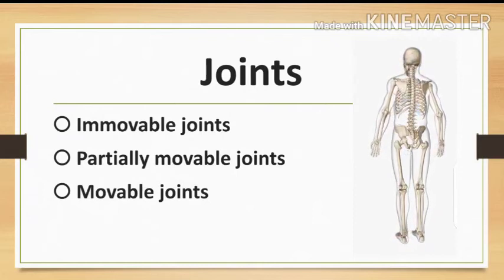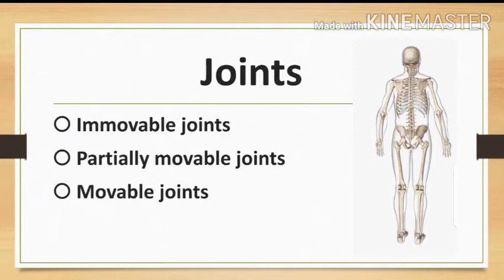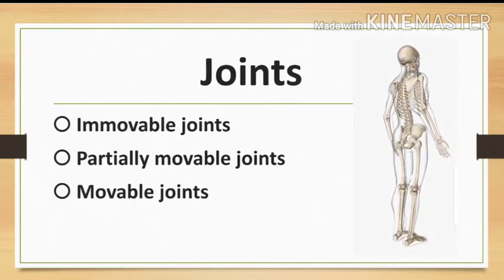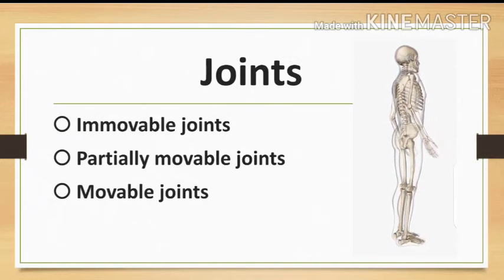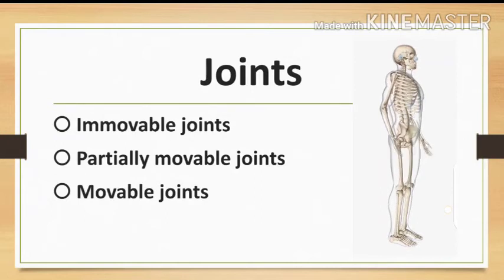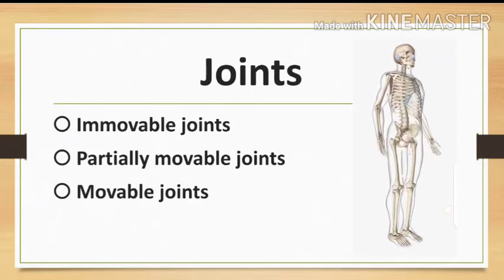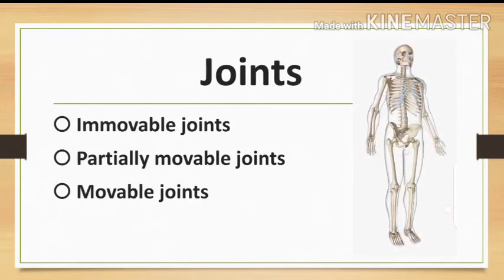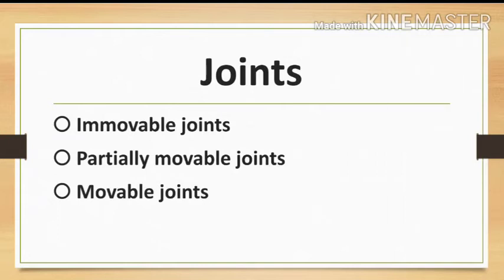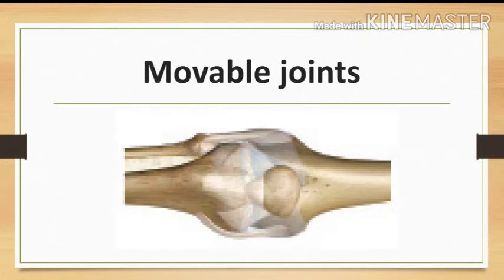An example for immovable joint is the bones of the skull. An example for partially movable joint is the adjacent vertebrae in the backbone. Now let us learn more about movable joints.